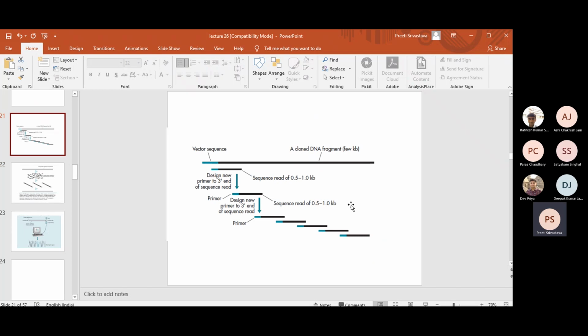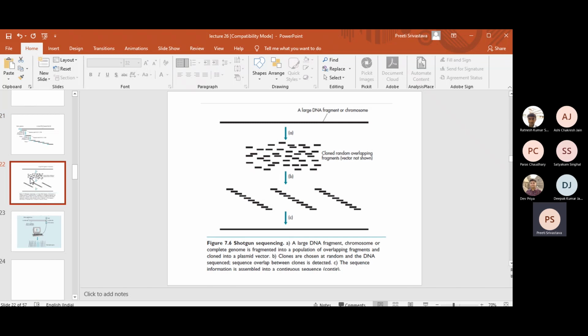So Deepak, in genome walking you are designing primers in a stepwise manner. This is walking, right? But in shotgun sequencing, you do not design primers at all. You simply clone small fragments of 500 to 1 kb in pUC19 or pUC18, prepare a very large library, and use vector specific primers for sequencing.